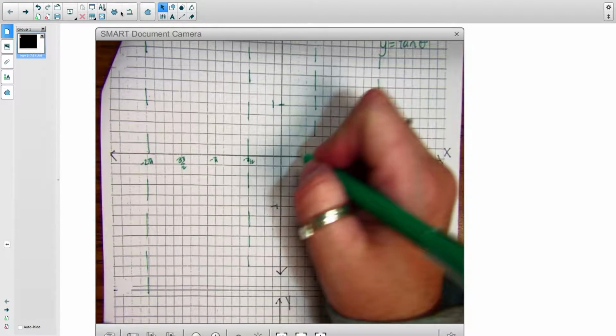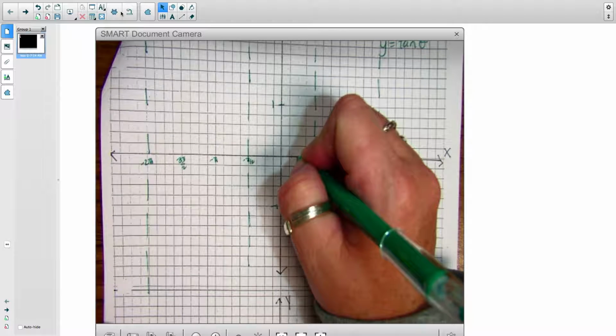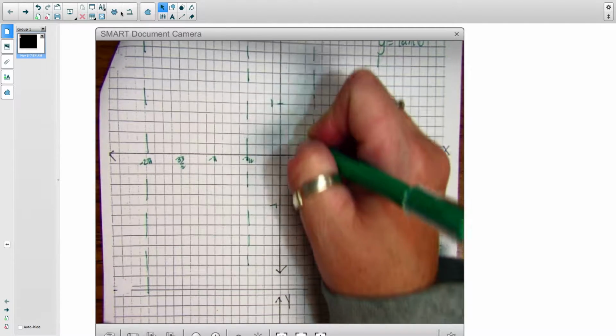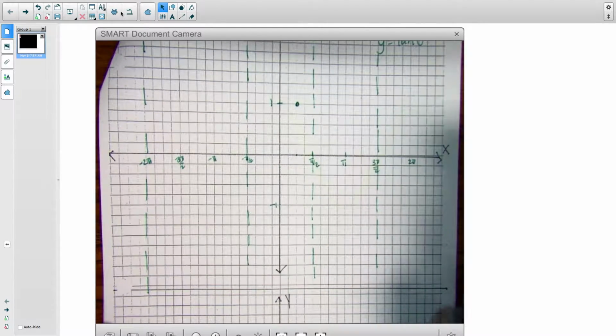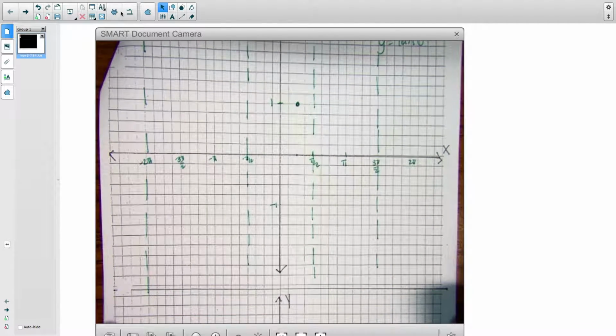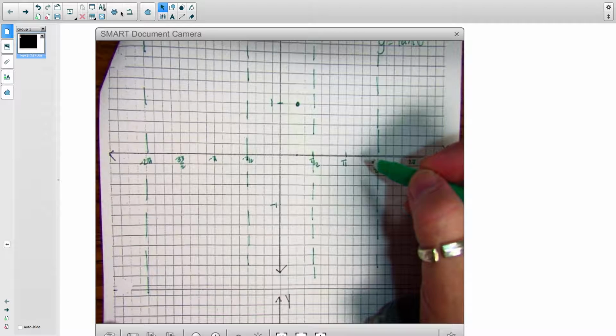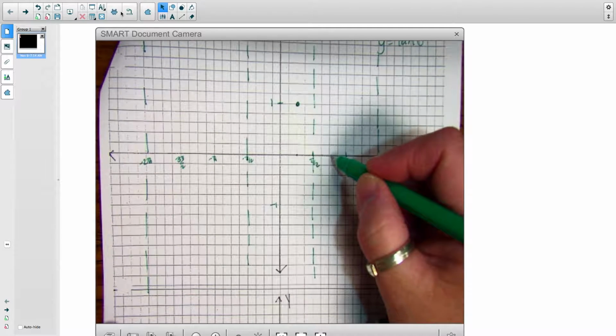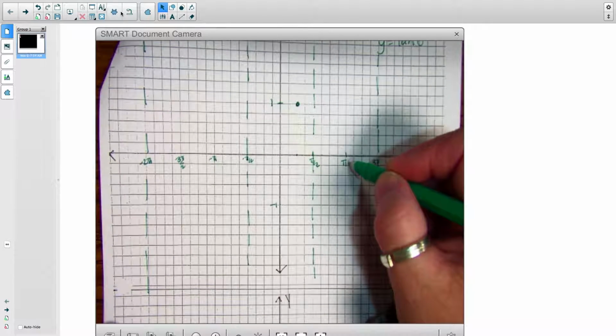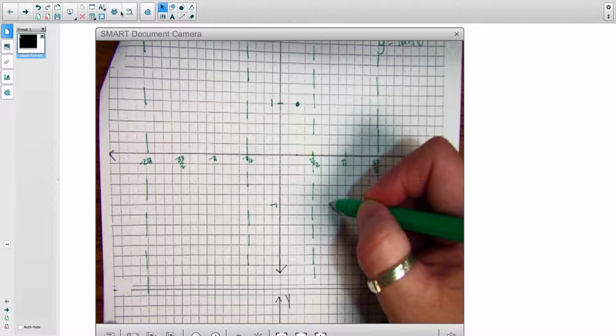At pi over 4, tangent is what? 1. At 3 pi over 4, where's 3 pi over 4 at? 3/4 pi, between pi over 2 and pi. It's negative 1.